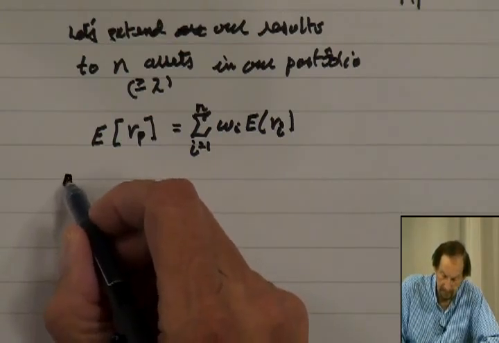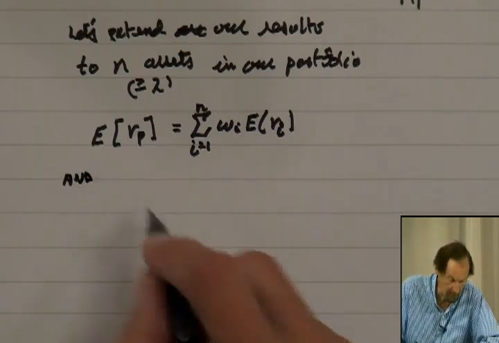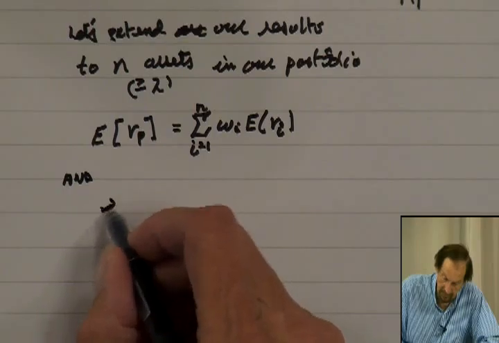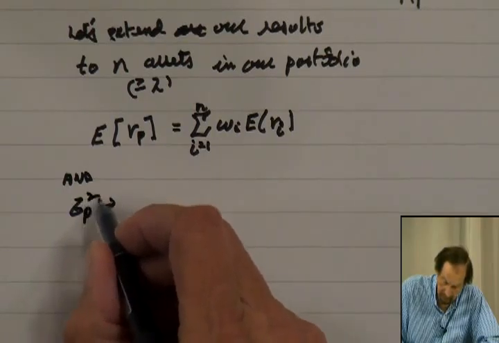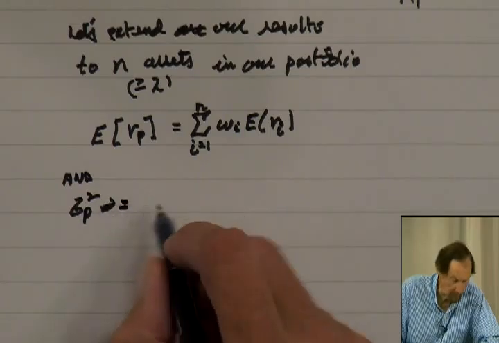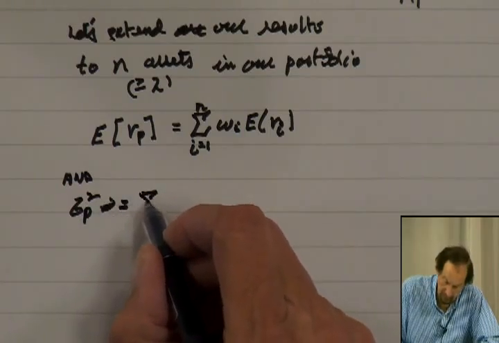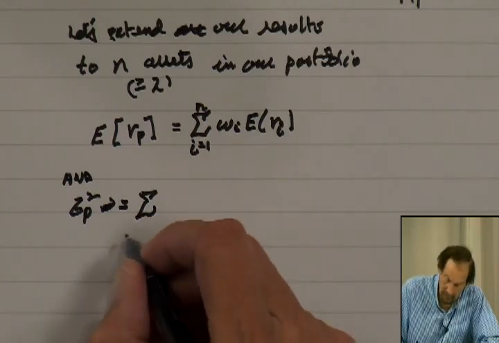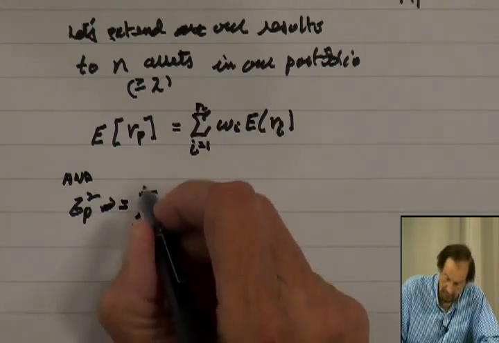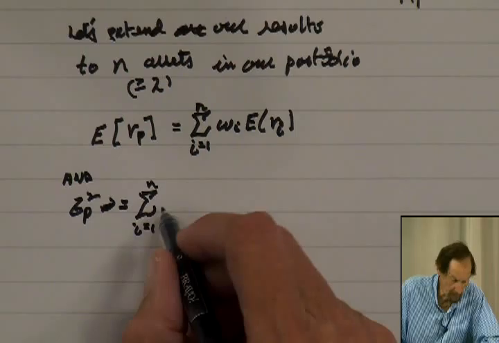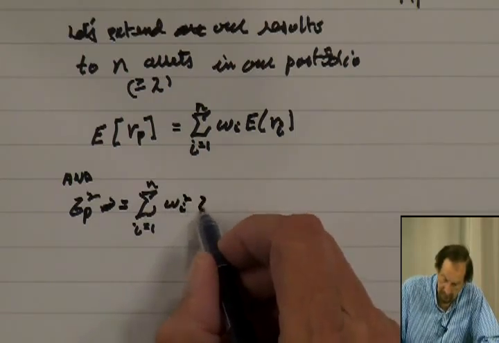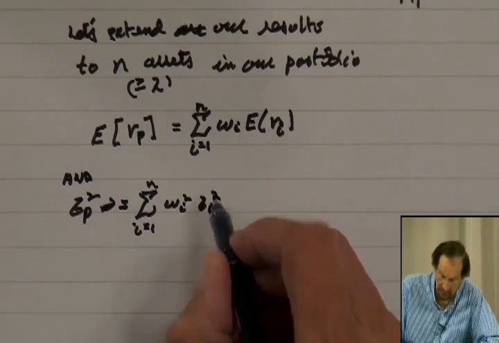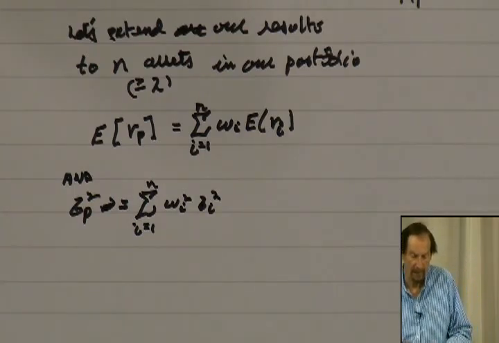And now we have the following. Sigma p squared equals the sum, i equals 1 to n, w_i squared sigma_i squared.